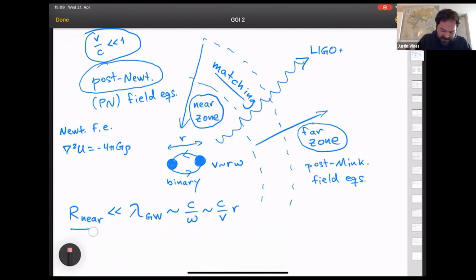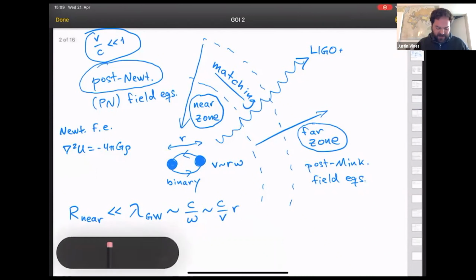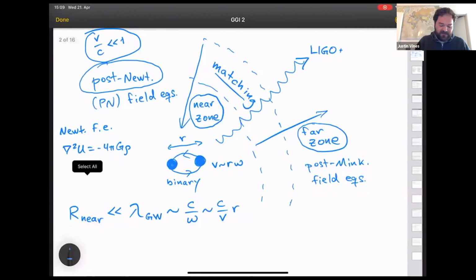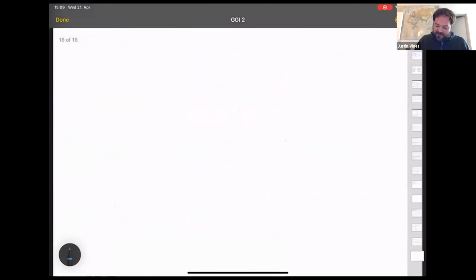But the important point I wanted to make here was that this description using almost instantaneous action at a distance, it's only valid within this near zone, and we have to switch away from post-Newtonian field equations when we get to the far zone.